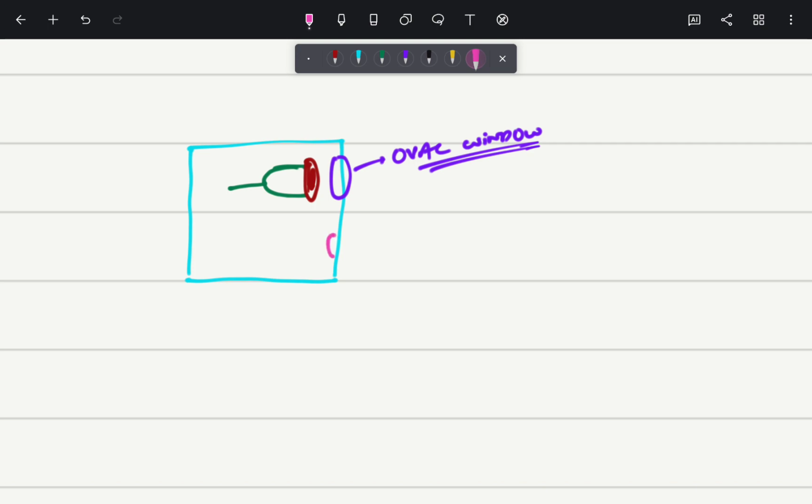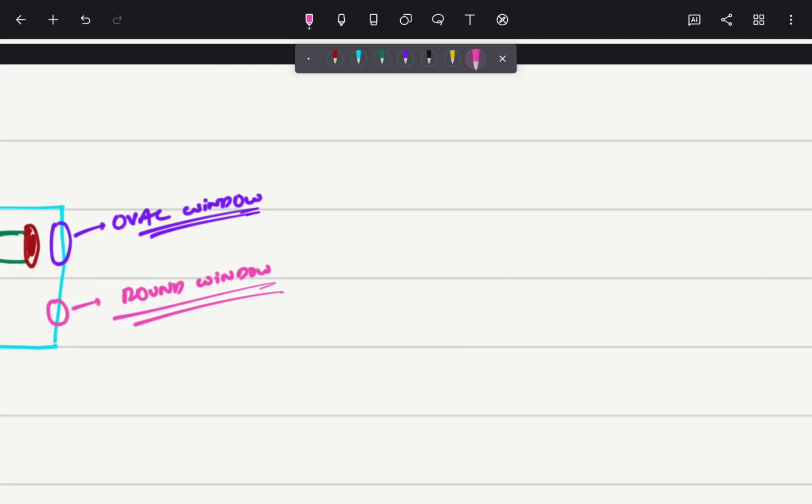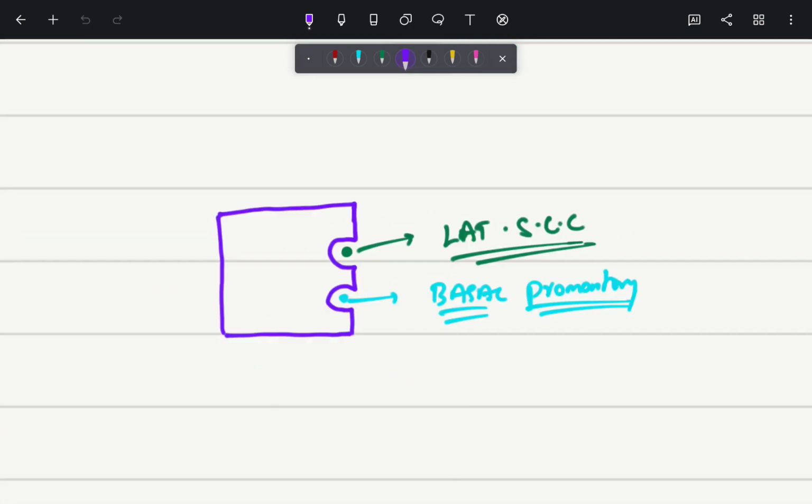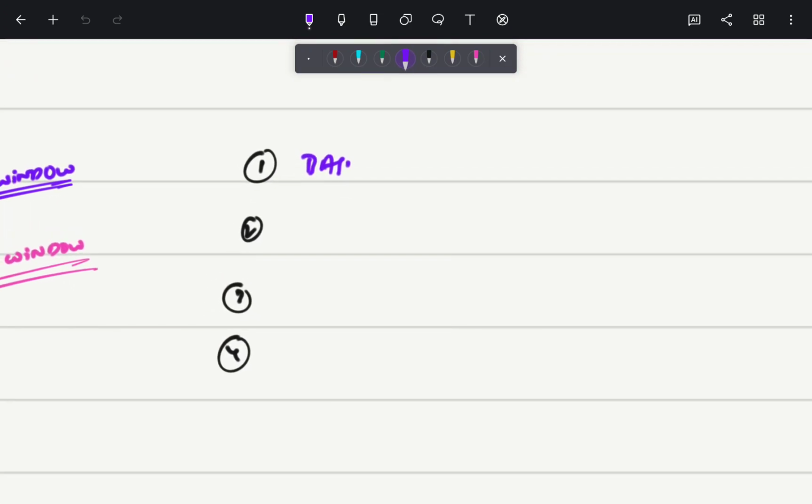Similarly, on the medial wall, there is a round window also. So now it is clear what the structures are that are present on the medial wall of the middle ear. So what were they? 1, 2, 3, 4. One was your basal promontory, right?